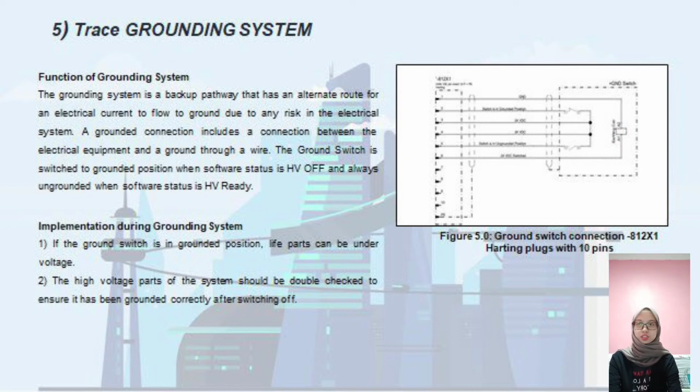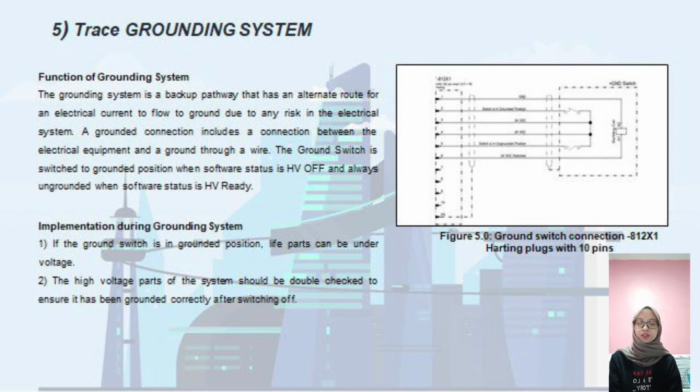A grounded connection includes a connection between the electrical equipment and the ground through a wire. The ground switch is switched to grounded position when the status is HV off and is always ungrounded when the status is HV ready.